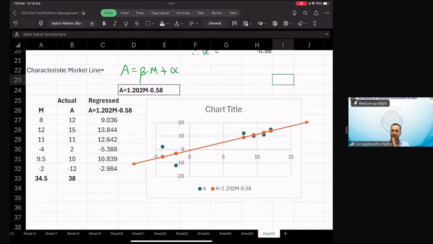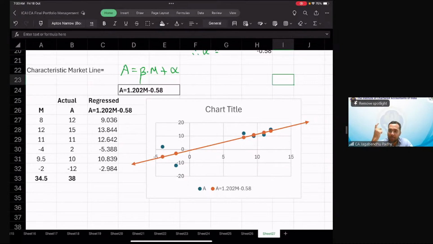Now let's go for the next aspect of the Sharpe single index model, where the Sharpe single index model takes the Sharpe's beta model a step ahead.